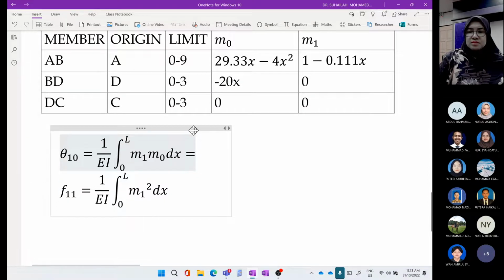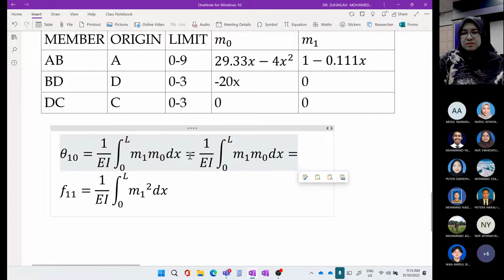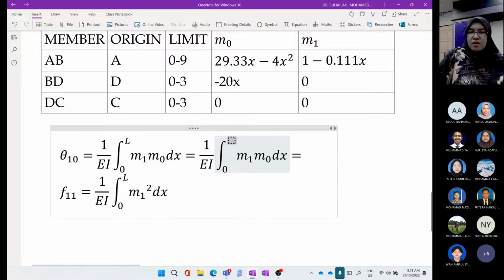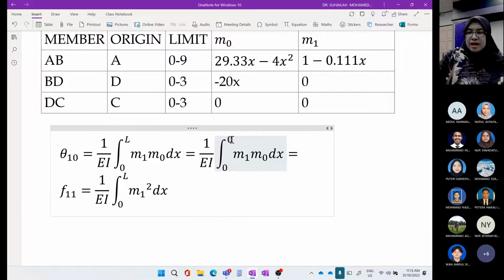It is 1 over EI. EI constant. Length for AB is 0 to 9. M1, M0.